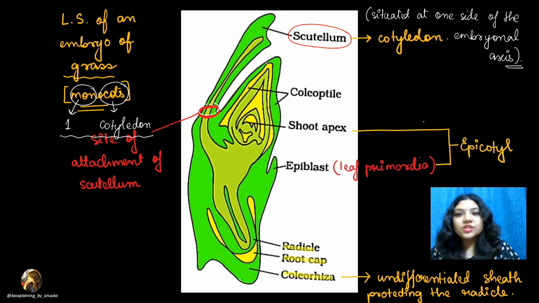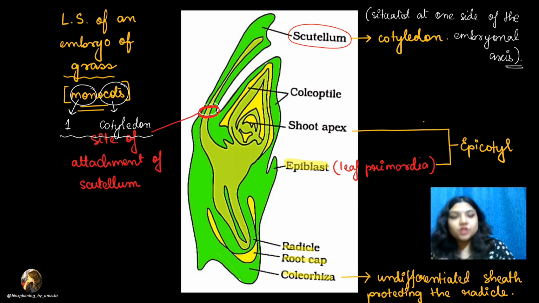Above that, you have something known as the coleoptile. So what is the coleoptile? Just like below, you saw the coleorhiza was covering the radicle and the root cap, similarly, coleoptile covers the epicotyle, that means the shoot apex and the leaf primordia, which is known as the epiblast.